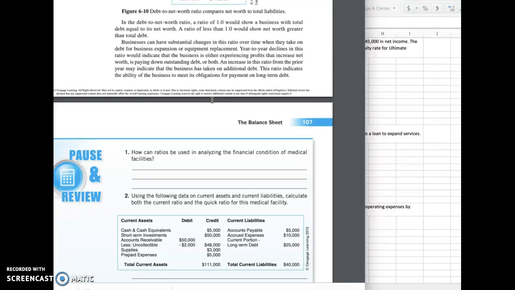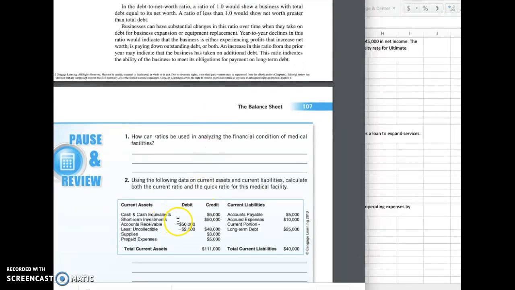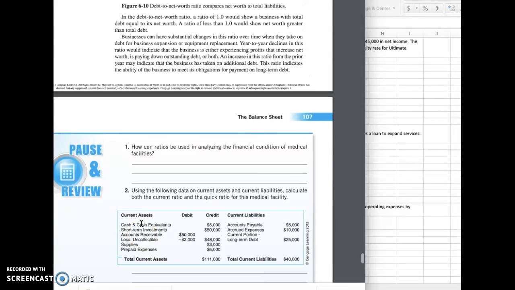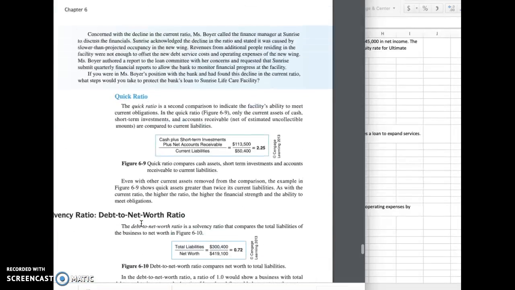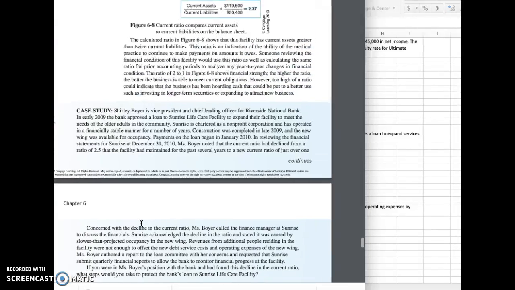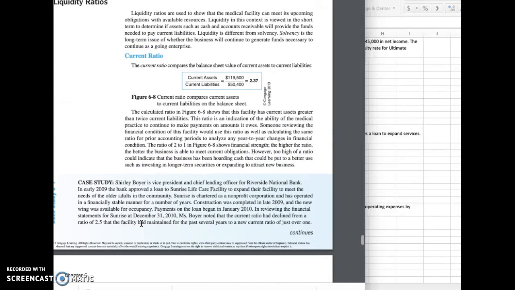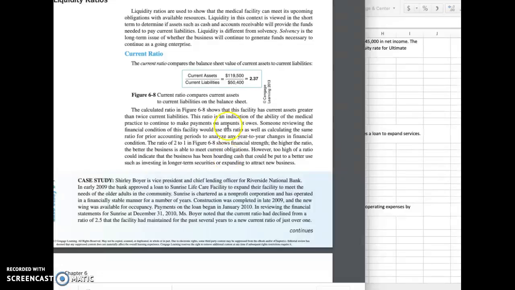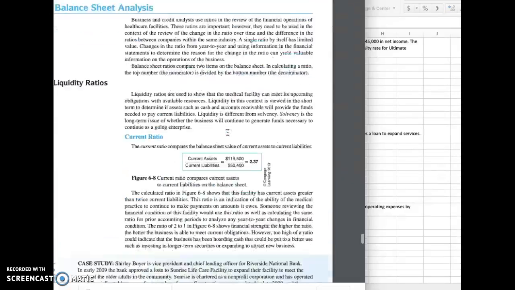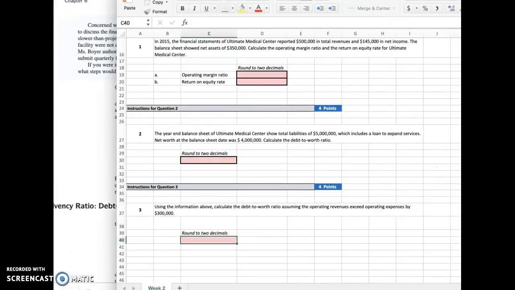It also gives you charts showing what would be considered liabilities and what would be considered assets, to give you an idea of where things will fall, whether you add things under the numerator or the denominator. So I hope that helps you some with these problems.